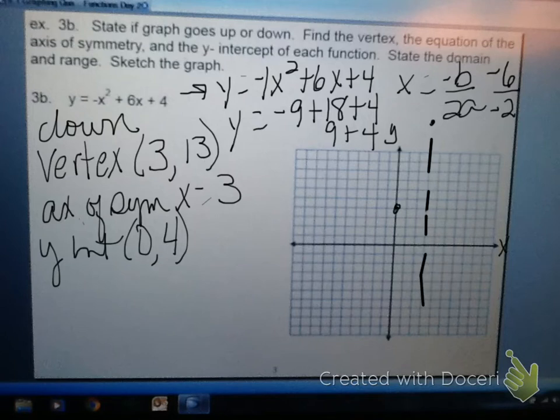Oh, doing a terrible job on my straight line. Okay, so from the axis of symmetry, I went 1, 2, 3 to the left, so I'm going to go 1, 2, 3 to the right.